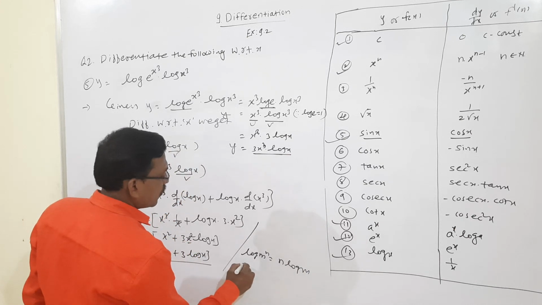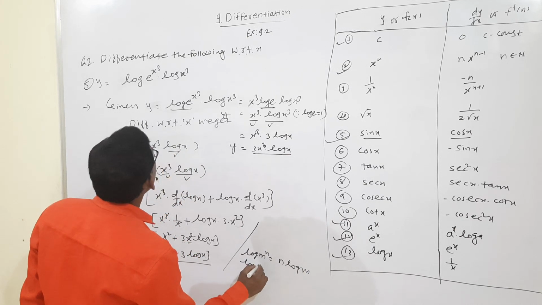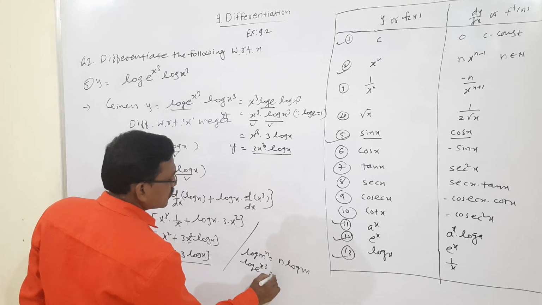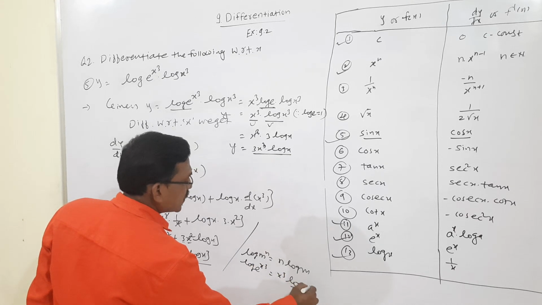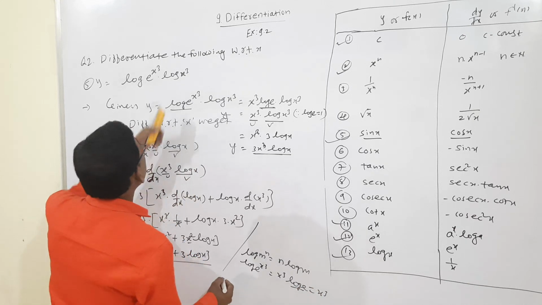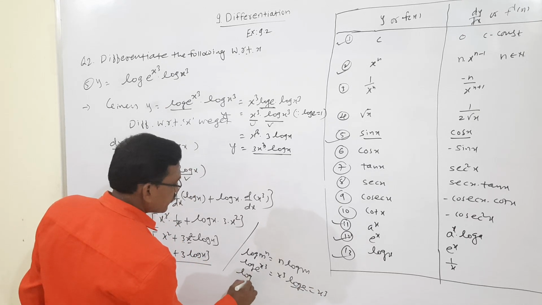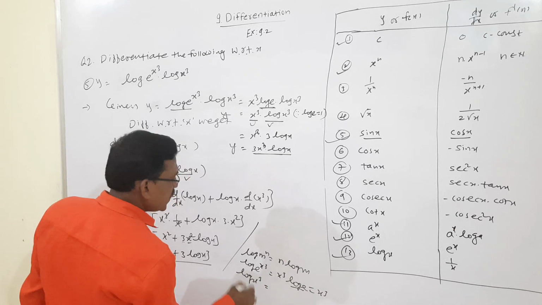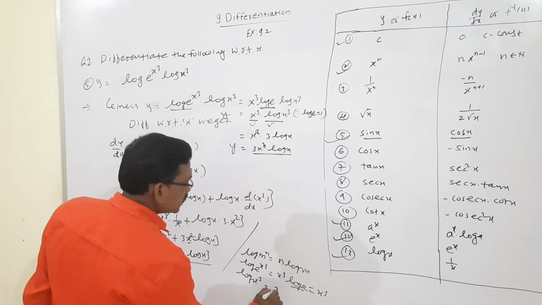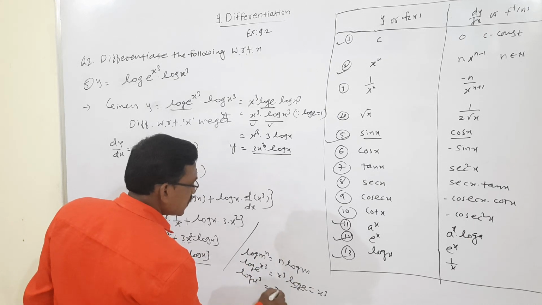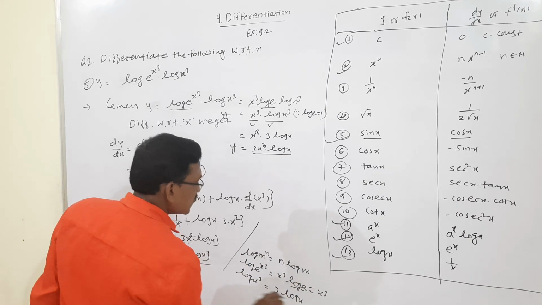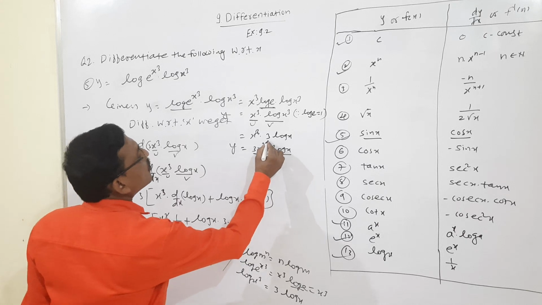So our first function, log e to the power x cube, is x cube into log e, but log e is 1, so that is only x cube, and the second function is log x cube, which is 3 log x.